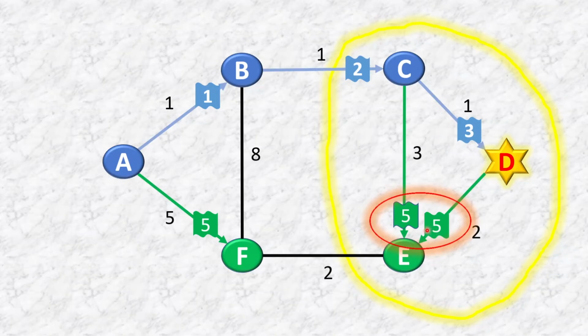What has in fact happened here is that we've discovered a new path to E, a new link to E, but it didn't improve on our knowledge at all, in the sense that we already knew that we could reach E at a cost of 5.